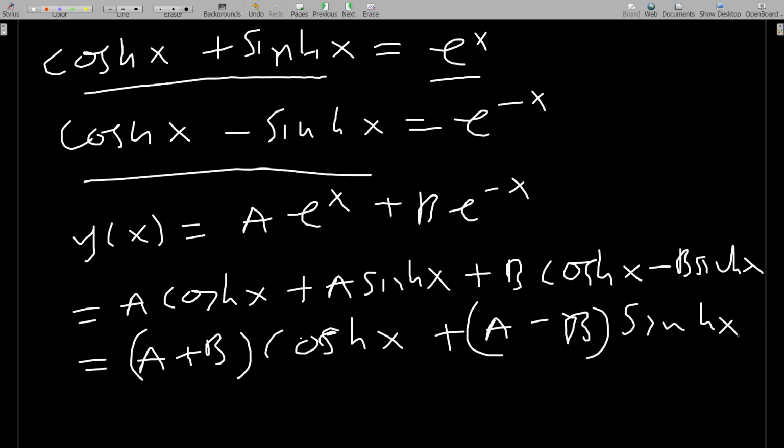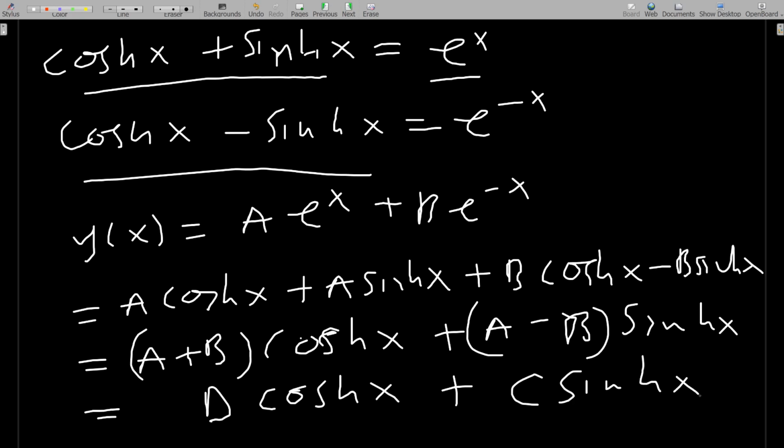A plus b is still a constant, so I have d cosh x plus another constant, let's say c sinh x, and I can call these constants anyhow, so I can still say that yes, y of x is still the same as a cosh x plus b sinh x, and it doesn't change anything. Or you can say d or c. I hope you get it. So when you have the same but opposite sign of roots, then you can actually use cosh and sinh.